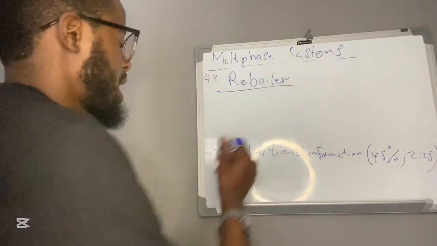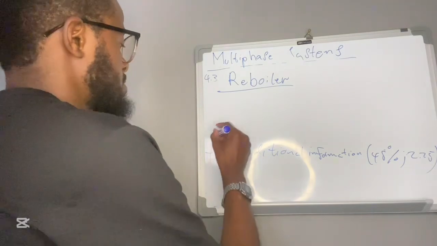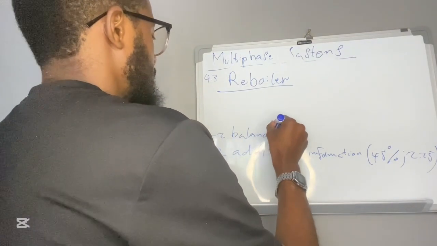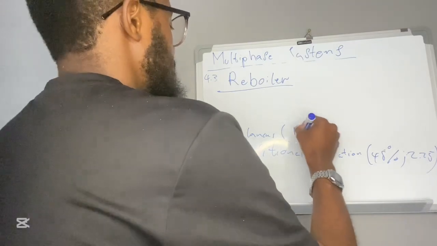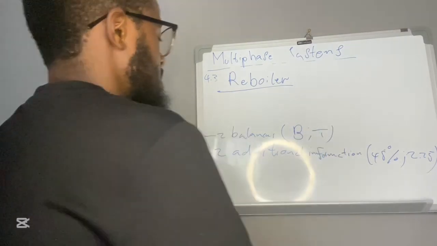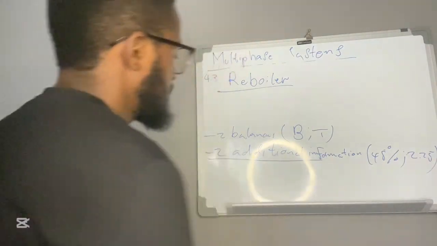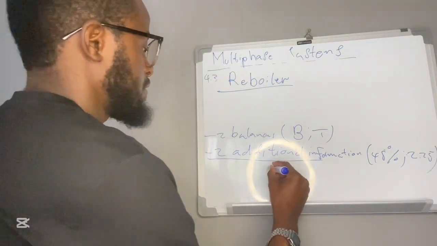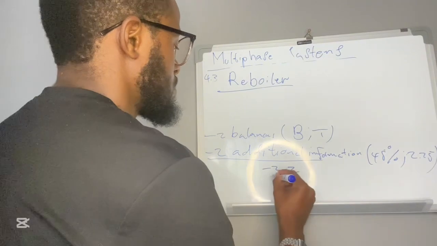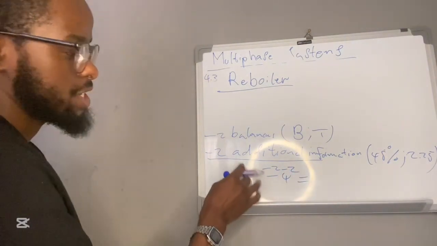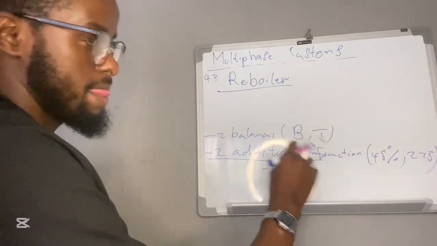Is there anything else? No. Now, how many balances do you have? You have 2 balances, benzene and toluene. Right, let's do all this. You have -2, which is -4. Anything that has to go here has to equal 0.